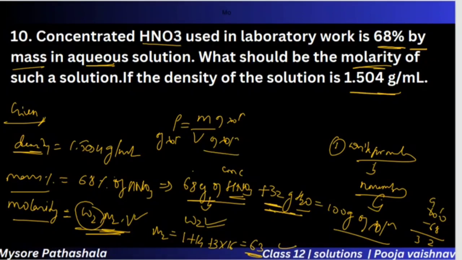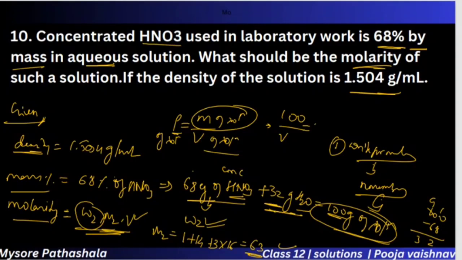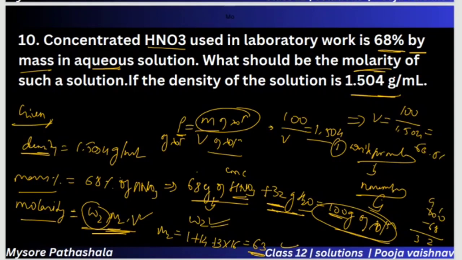The mass of solution I have got from here, 100 gram. Density I know, 1.504. So to get the volume of solution, just divide 100 by 1.504. Volume of solution is 66.5 ml.